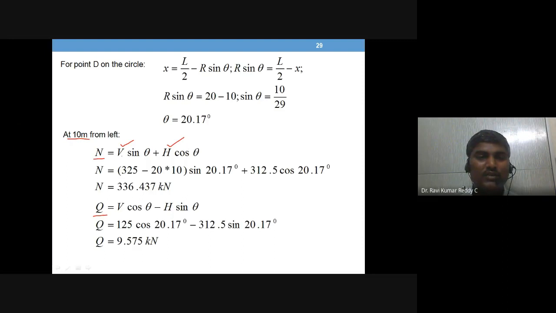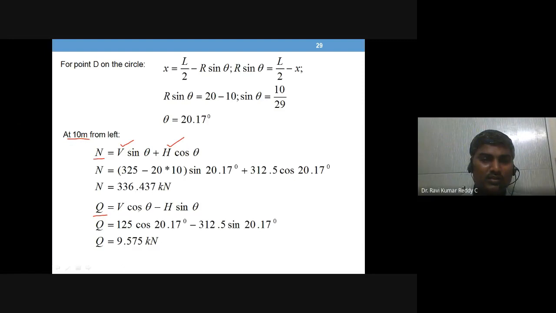The expression for N is V sine theta plus H cos theta, and Q is equal to V cos theta minus H sine theta. This is the expression for radial shear.